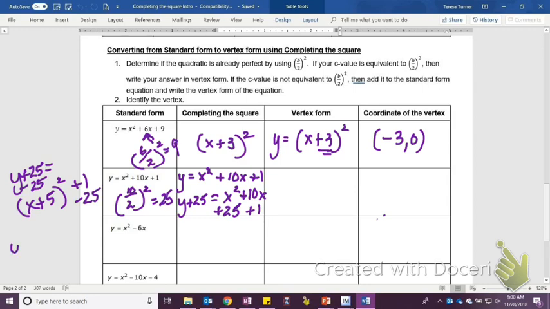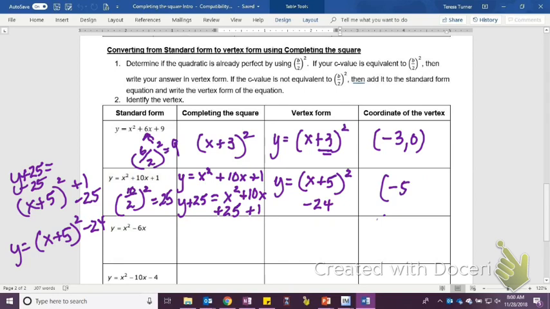So then I'm left with y is equal to x plus 5 squared minus 24. That's our vertex form. And my vertex is -5, -24.